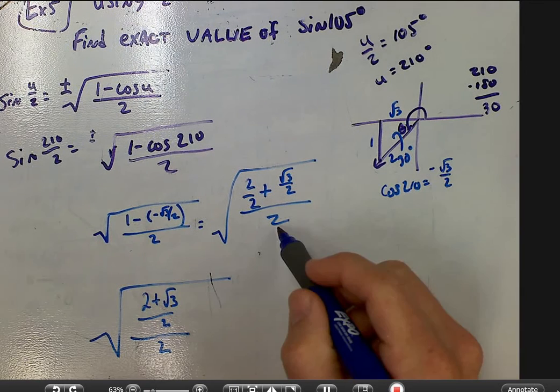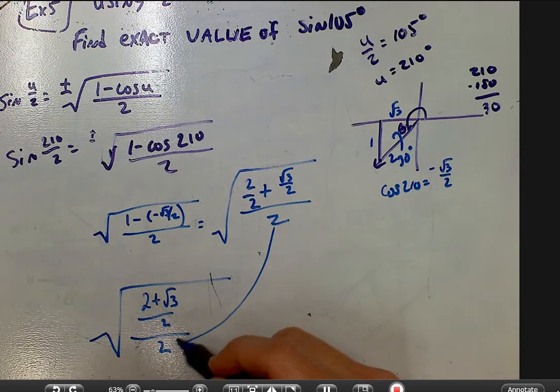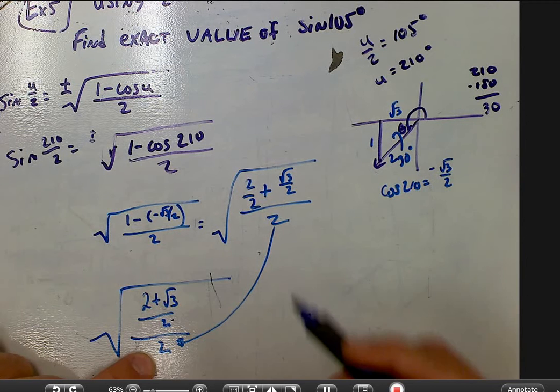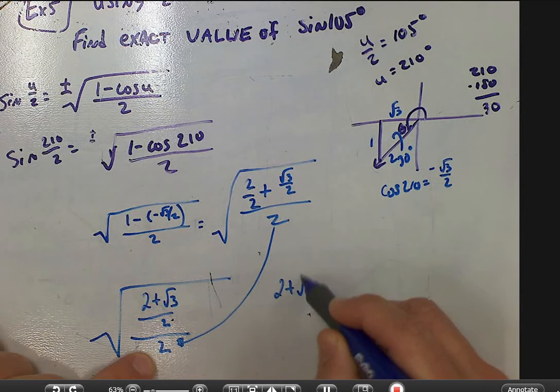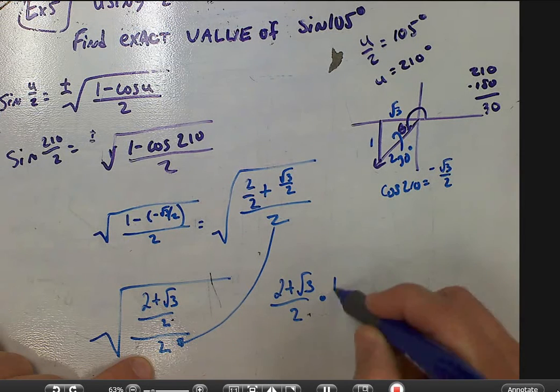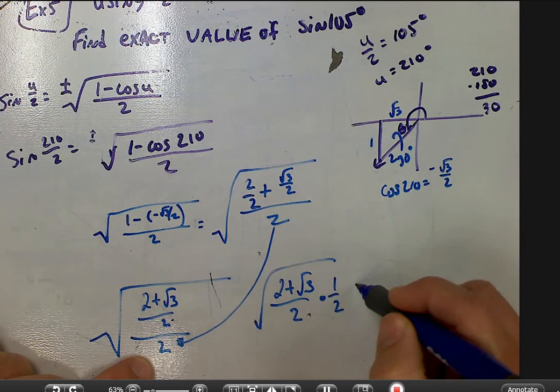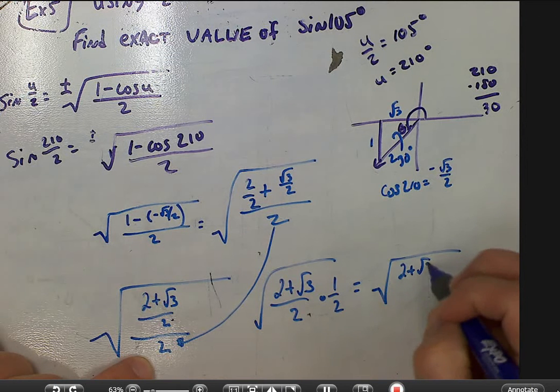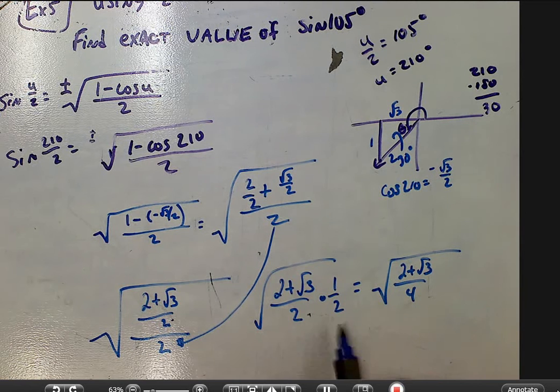This 2 is the one on the bottom. This one here is the common denominator. So to get rid of this fraction, I multiply by the reciprocal. So it becomes 2 plus square root 3 over 2 times, instead of divide by 2, I multiply by a half. And that gives me the square root of 2 plus the square root of 3 over 4, because 2 times 2 is 4.